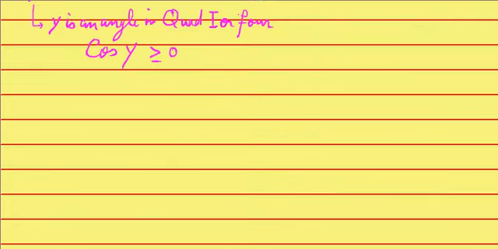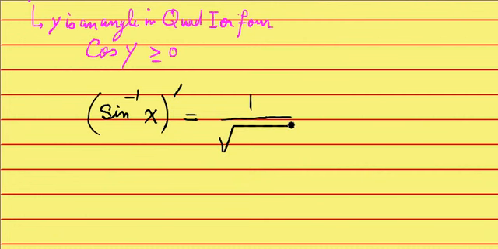So let's paraphrase everything. Sine inverse of x, if you differentiate that, you get 1 over radical 1 minus x squared.